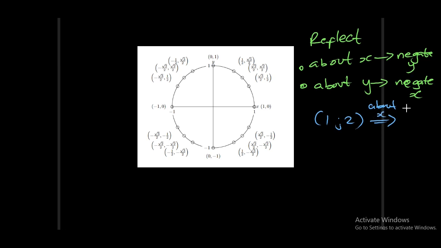The y in this case is 2, so it'd be 1, minus 2. That would be the reflection of this coordinate. And reflecting the same point about y would lead us to negate the x, so it would be minus 1, 2. So the same coordinates, but we're going to apply each of these reflections.